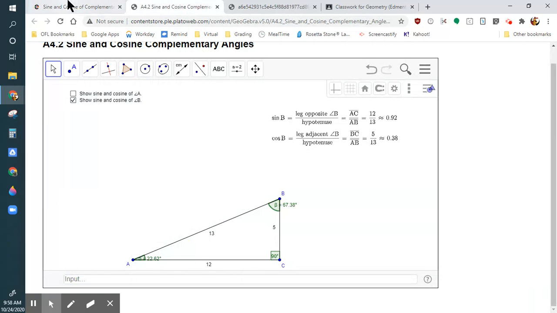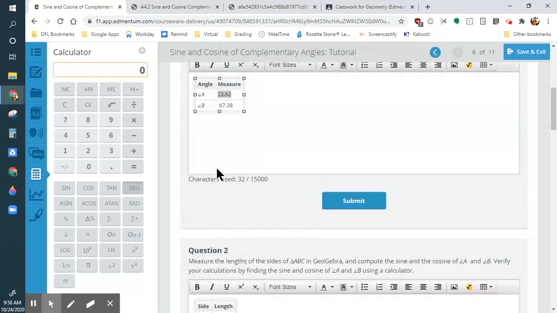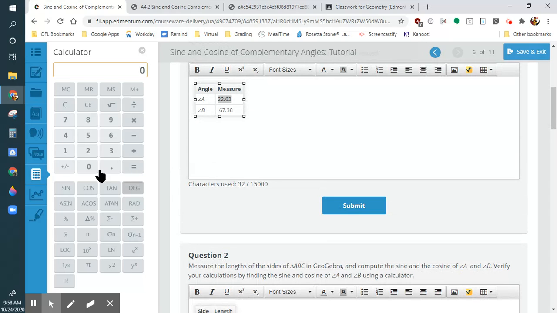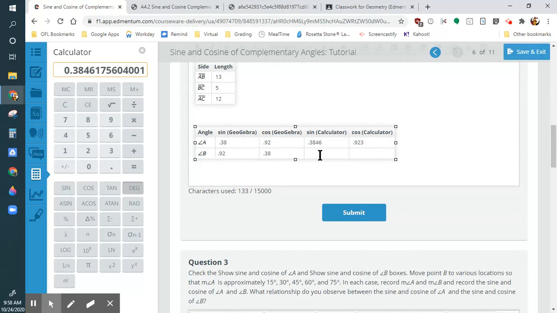Now when we do the cosine, that kind of looks like the sine of angle A, which I know is kind of the point of this exercise, but just to point it out. And we're dealing with 67.38. We're going to hit that cosine button. So basically, this calculator is just a little more specific. Oh, I meant to do the sine button. Well, might as well fill in the cosine button while we're here.